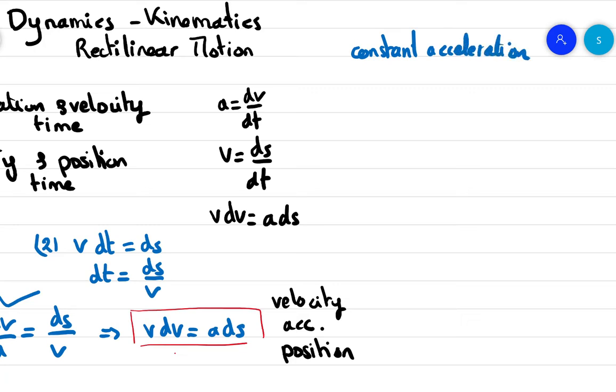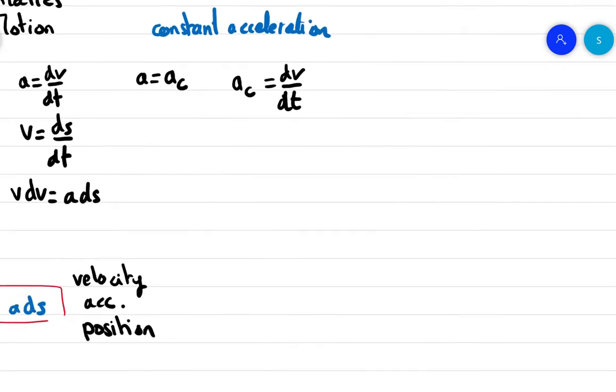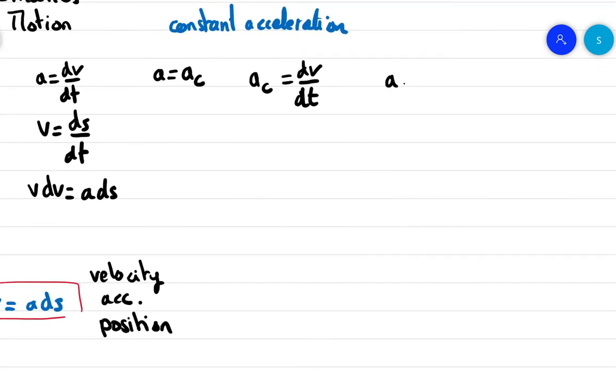Okay. So we have a, now a is equal to a_c, with the c like constant. So we can write that a_c equals dv divided by dt. So we have a_c dt equals dv.